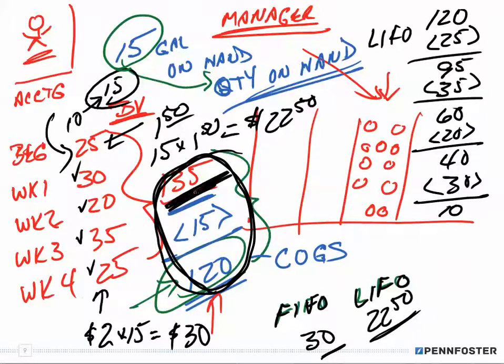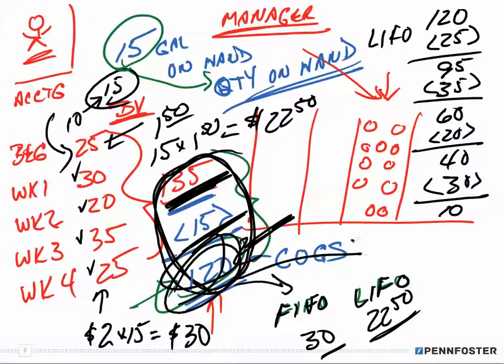We had our goods available for sale. We did the ending inventory, so we knew how many were our cost of goods sold. And we have to use that number of units and then back off, depending upon FIFO or LIFO. The step that most people get wrong is the quantity on hand. If they tell the manager to go do an inventory and they say there's 15 left, a lot of people assume that the 15 is the cost of goods sold.